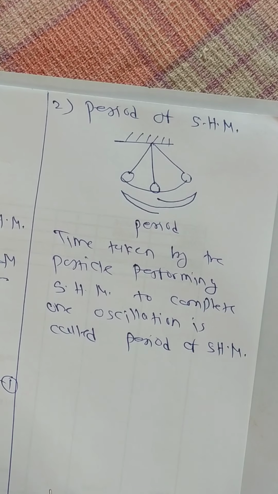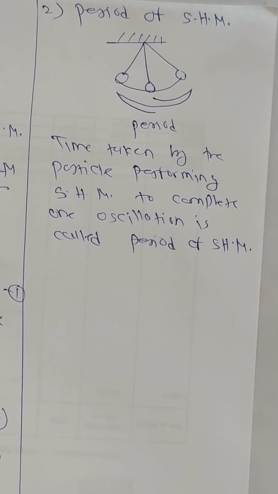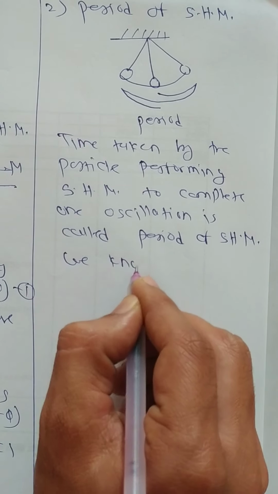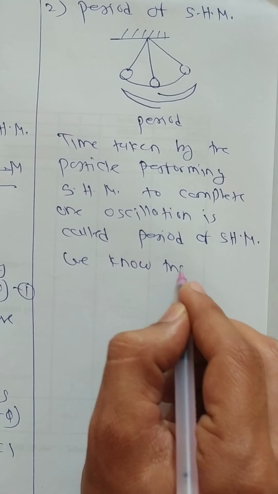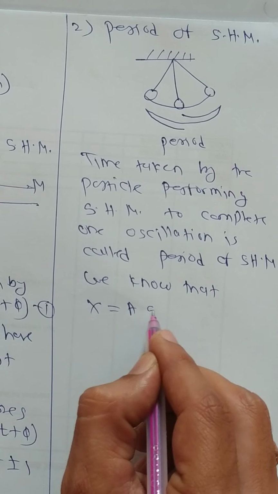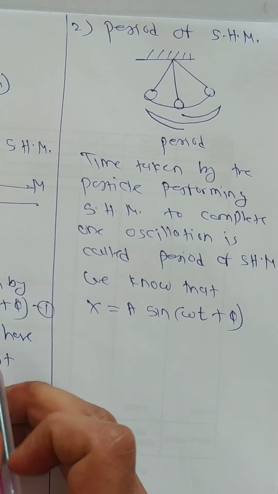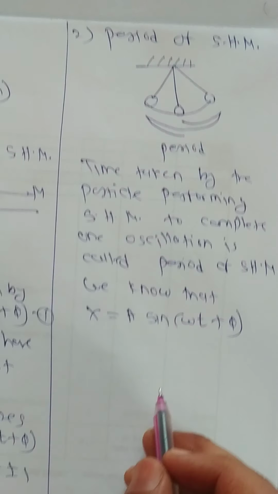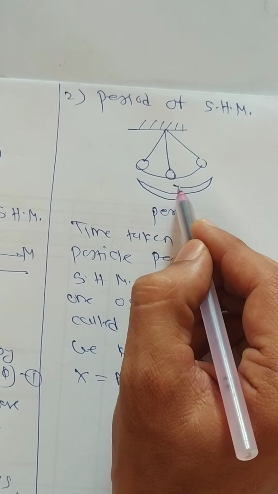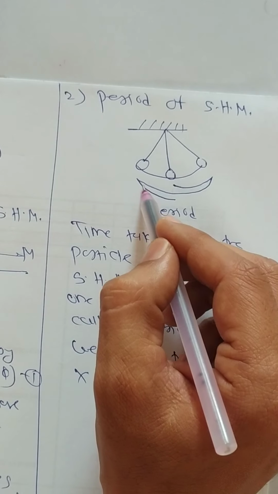Again we are going to use the same equation, the displacement. We know that x is equal to a sine of omega t plus phi. Now we are going to use some time. The particle will be at the extreme position, again come to the mean position, go to the extreme and again the mean.